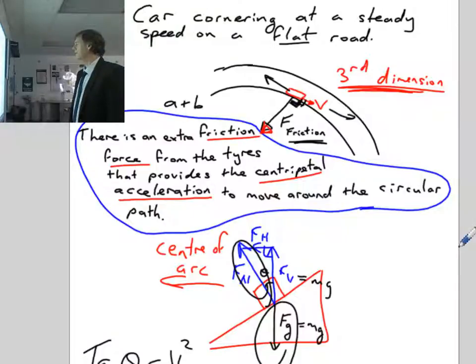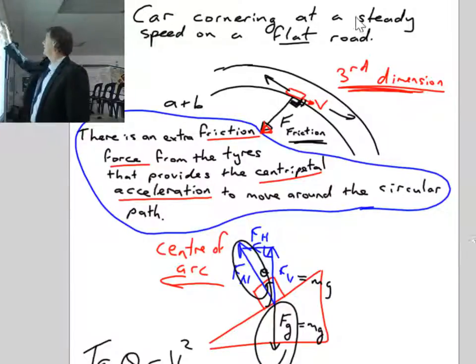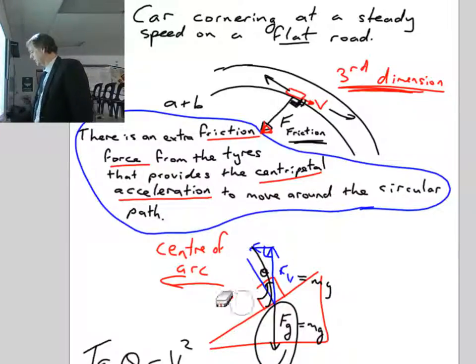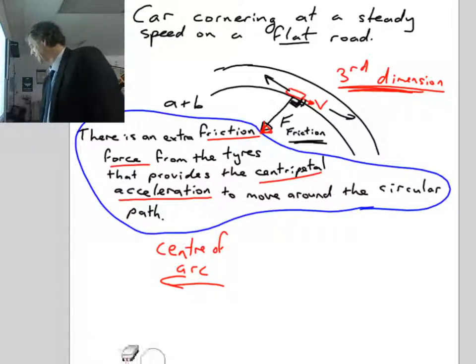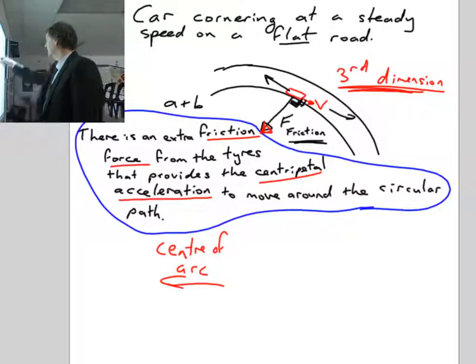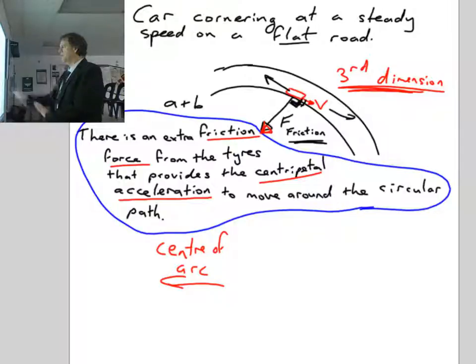If you remove that force, you will not get the centrifugal acceleration, and the car will move off on a tangent, sliding off the road. So that's the second situation: a flat road going around a circle, where the force towards the centre is provided by friction, providing the centrifugal acceleration.